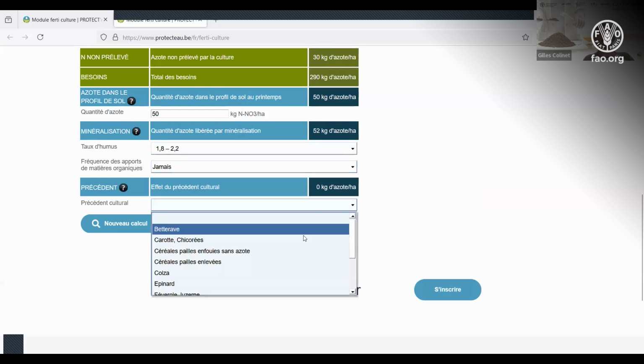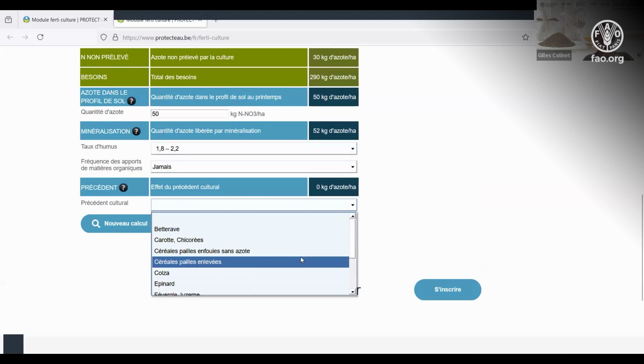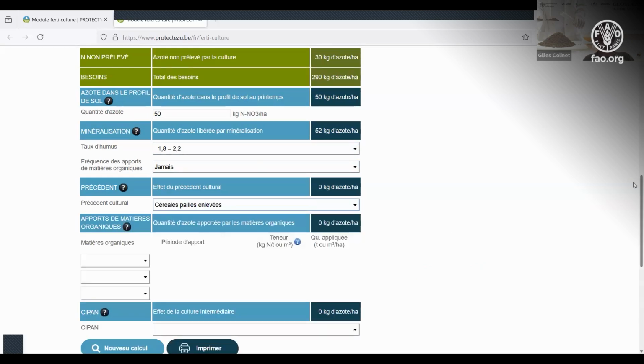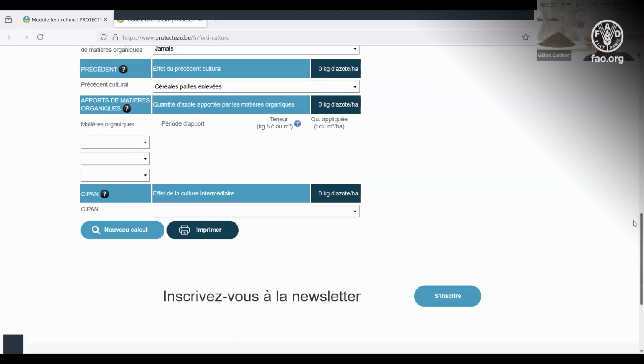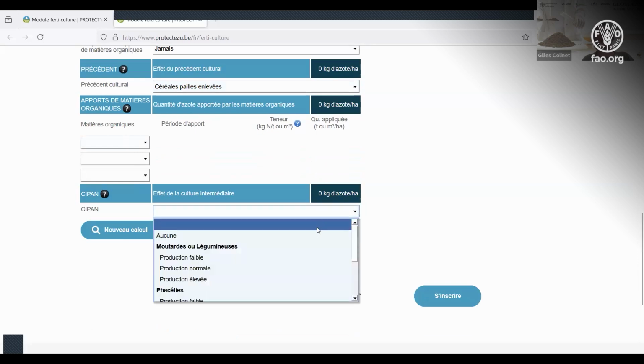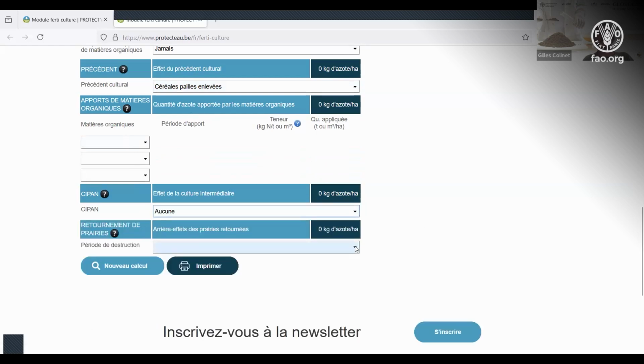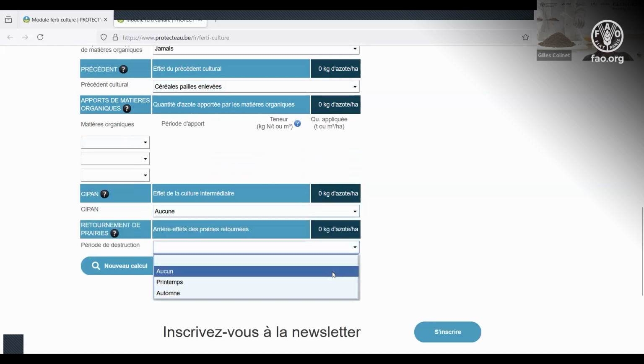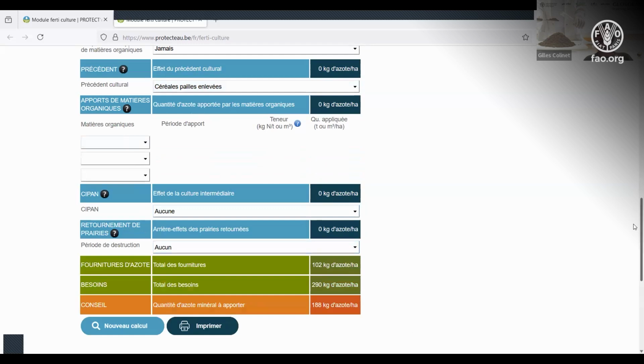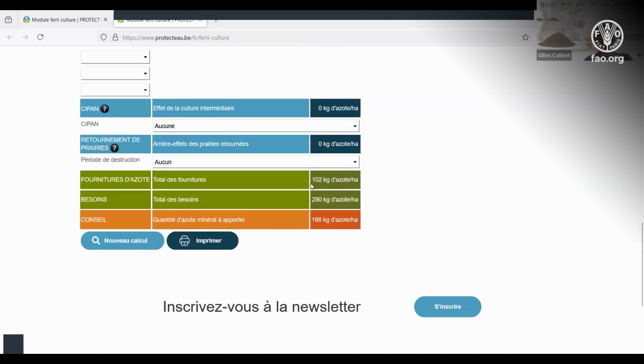Before I had a wheat, and this is the quantity of organic matter that I put. So there's no zero, and I did not put any intermediate crops. So at the end, I have the quantity of nitrogen that can be brought by the soil.